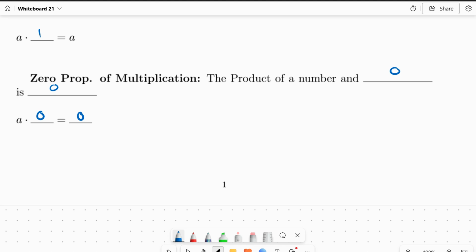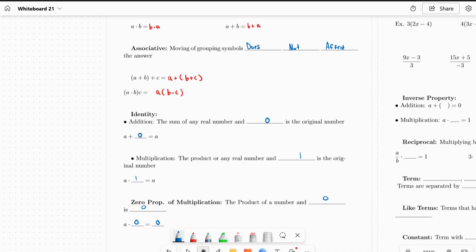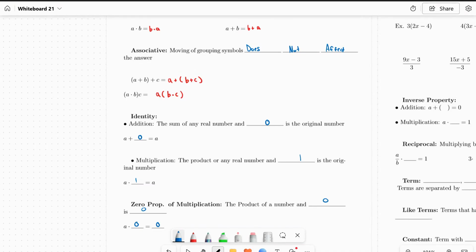Once again, 2 times 0 is just going to give me 0. All right, so I know I went through those first properties really quickly. Please make sure you guys pause the video if I move too quick. Write down all of the information. We will be quizzing and testing on this at some point throughout the year, so make sure you are taking the time to memorize it now.